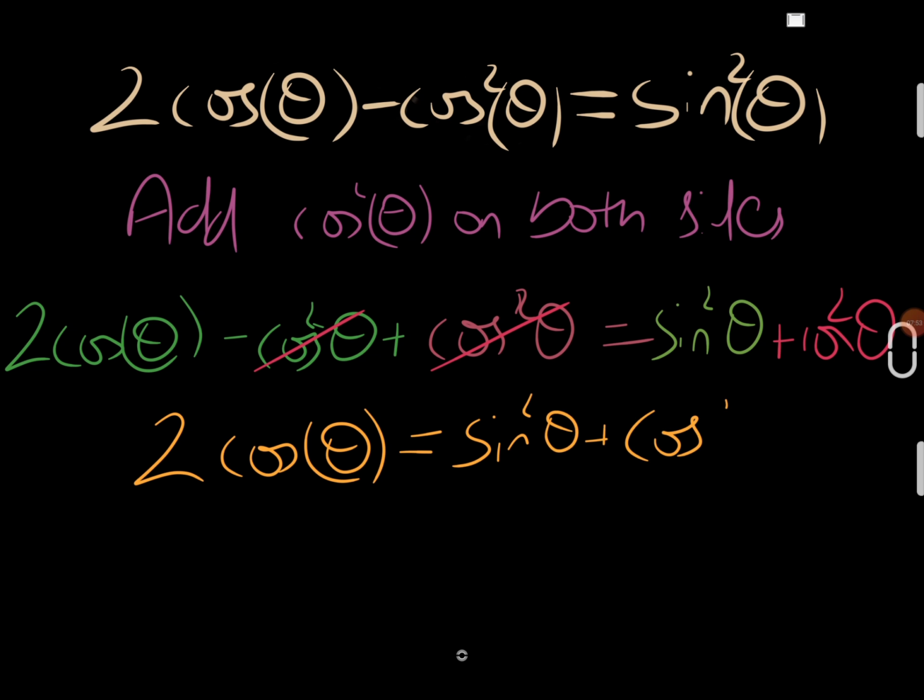Now what I did was basically what you studied as moving this from here to here. I just did this to show you that it is not playing football with the terms by moving it from one side to another, but it is actually adding and subtracting from both sides.